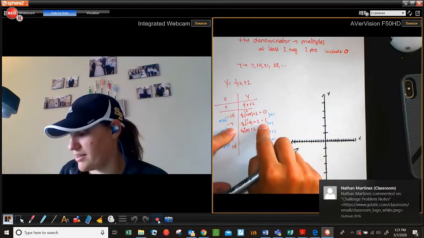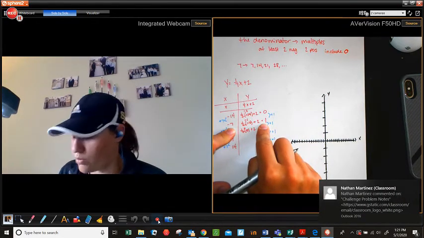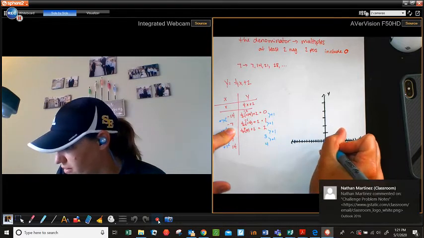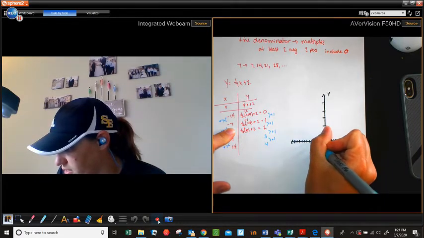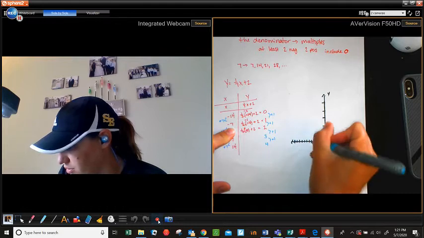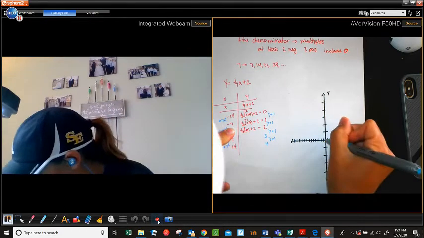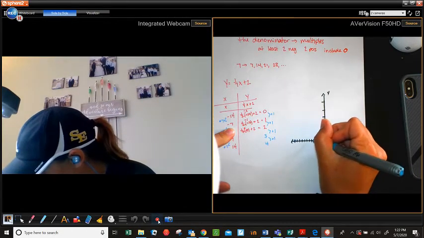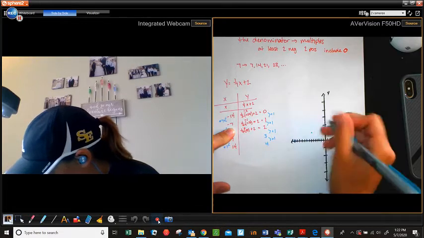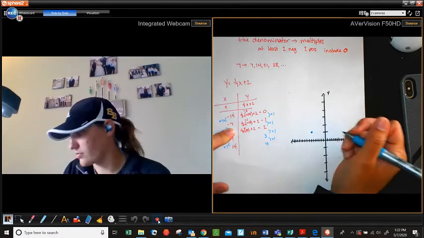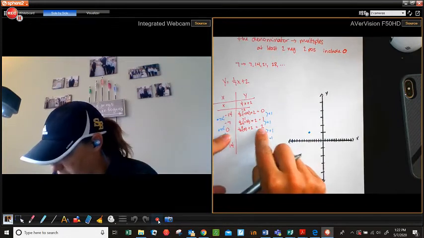My next ordered pair, negative 7, positive 1. So from the origin, I'm going to go to the left 1, 2, 3, 4, 5, 6, 7, up 1. And my next ordered pair is 0, 2.